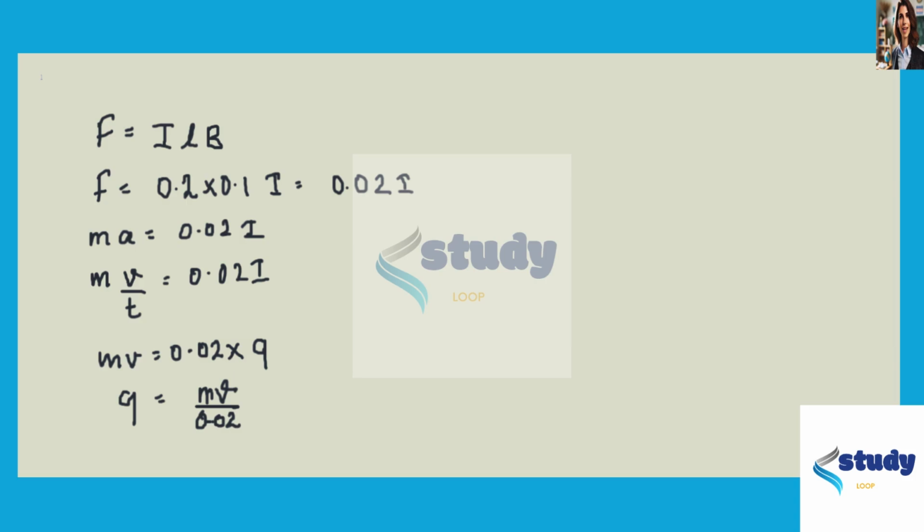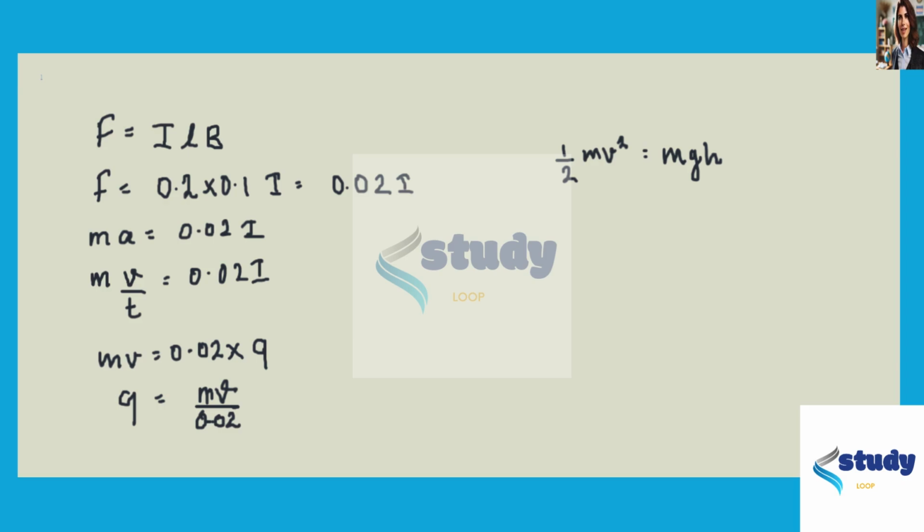Initially there is no velocity, so the kinetic energy half mv squared is equal to 0 initially, and as it reaches the top, it will have the maximum potential energy. That kinetic energy is turned into potential energy. So half mv squared is equal to mgh.